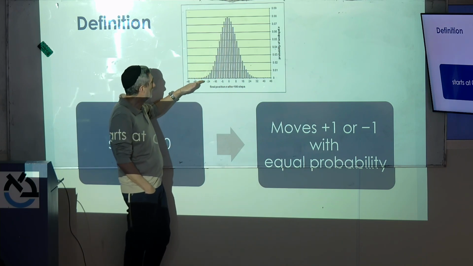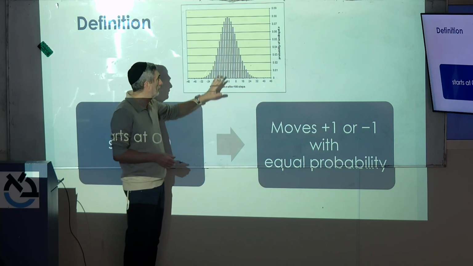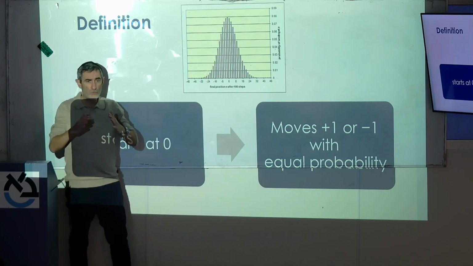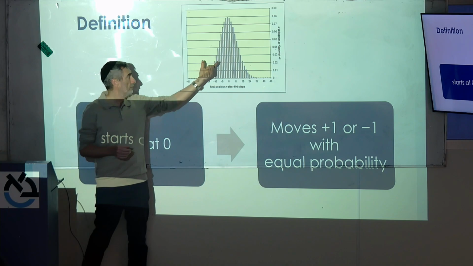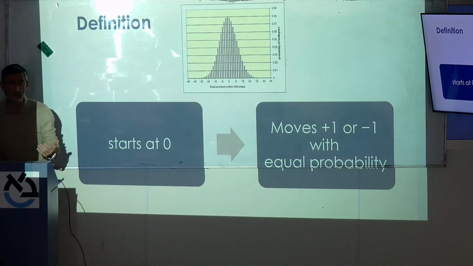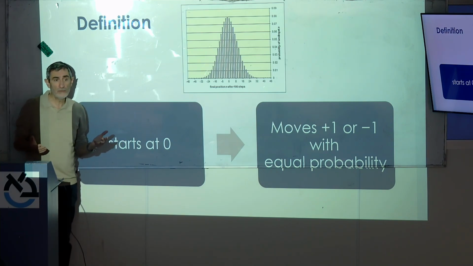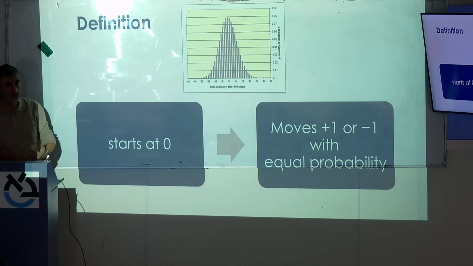But it will explore larger and larger regions. So this Gaussian with time will expand, and the width of the Gaussian expands like the square root of time, so the square root of the number of steps, if you prefer. So that's typical of diffusion. Diffusion goes like the square root of time with a coefficient which is D, the diffusion coefficient.